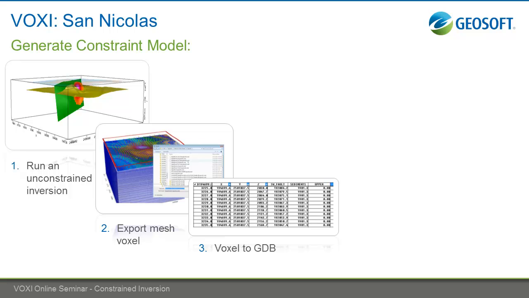So let me explain how I would do that, and Elizabeth described this briefly previously. I have my voxel now, and before I populate these values in it, I've just exported it from the mesh. It just has X, Y, Z in it.